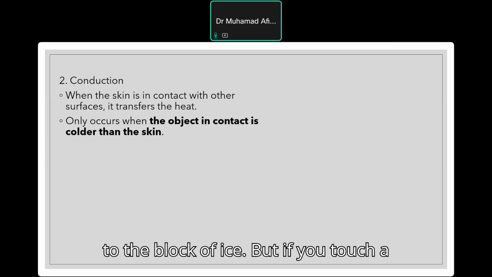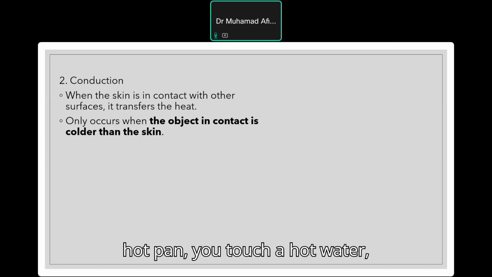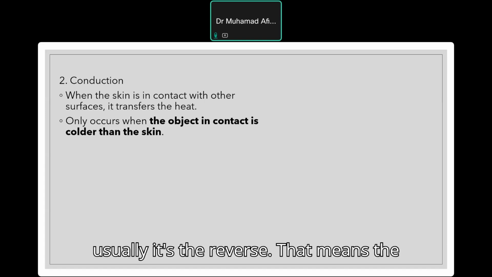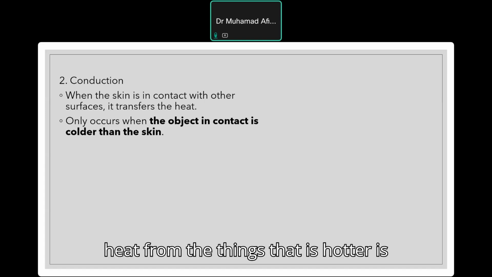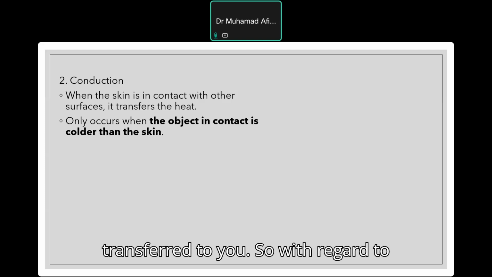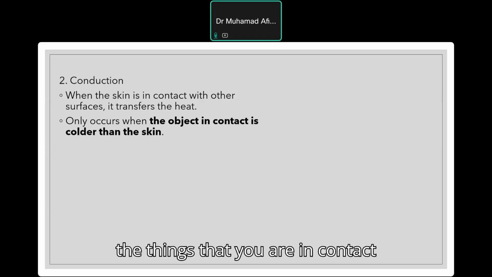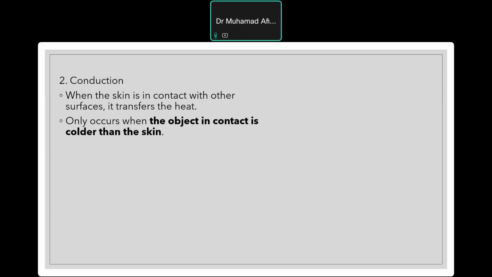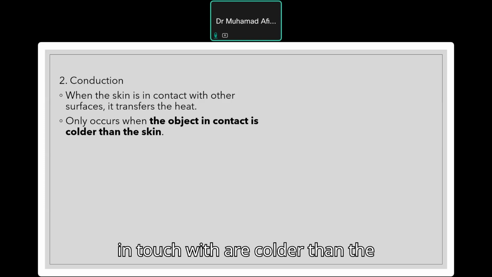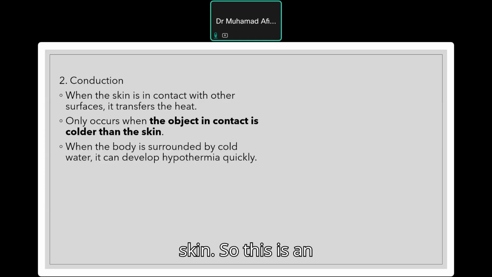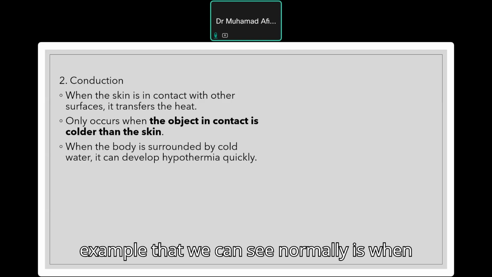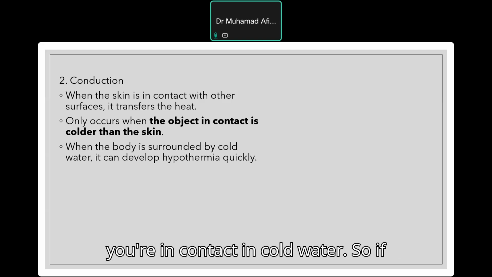But if you touch a hot pan or hot water, it's usually the reverse: the heat from the hotter thing is transferred to you. So heat loss usually occurs when the things you are in touch with are colder than the skin. A normal example is when you are in contact with cold water.